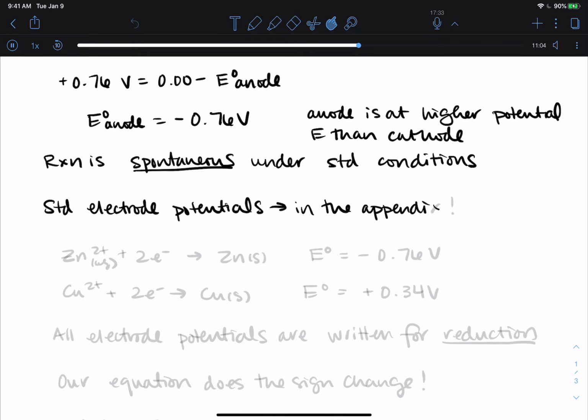The confusing news is that when you go to the appendix and you look up what we just did, so this zinc half cell, you get zinc 2 plus 2 electrons turning into zinc solid. And it will list a standard E equals negative 0.76 volts.